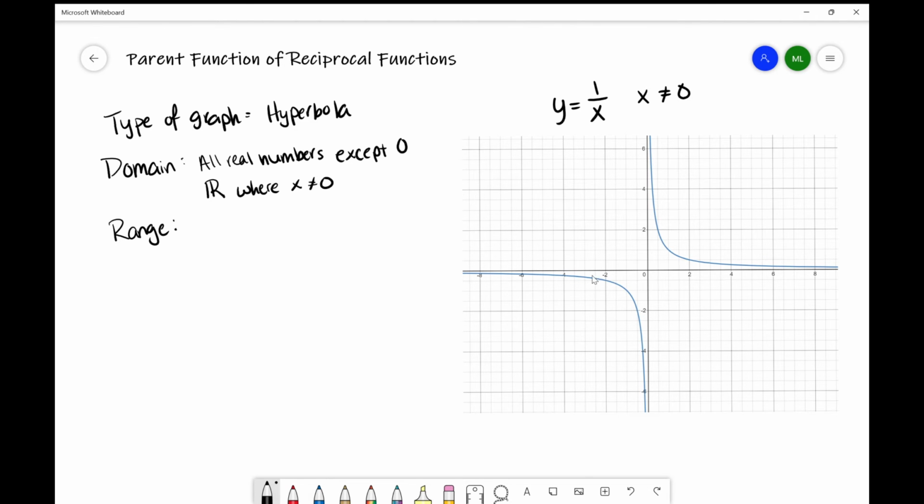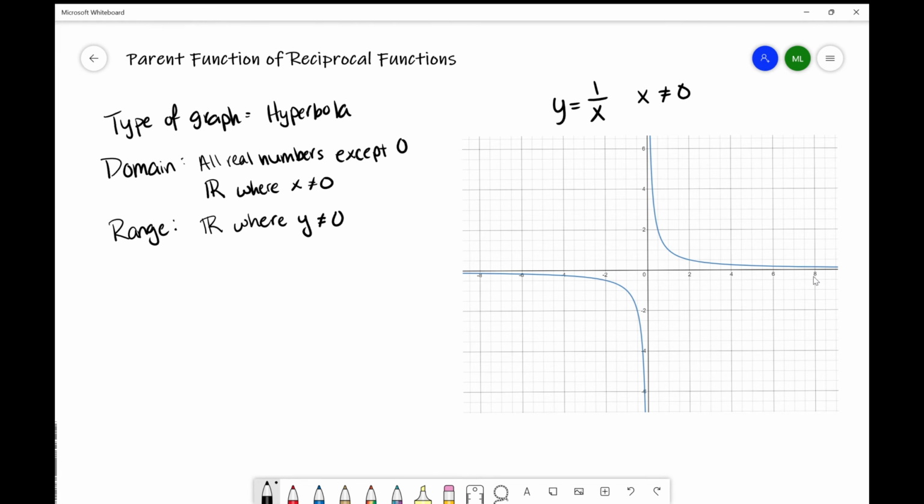And y equals 0 is the x-axis, so it doesn't include those values. So again, the range is all real numbers, and this time I'll write it mathematically, where y does not equal 0, right? Because the range has to do with y values, and domain has to do with our x values.